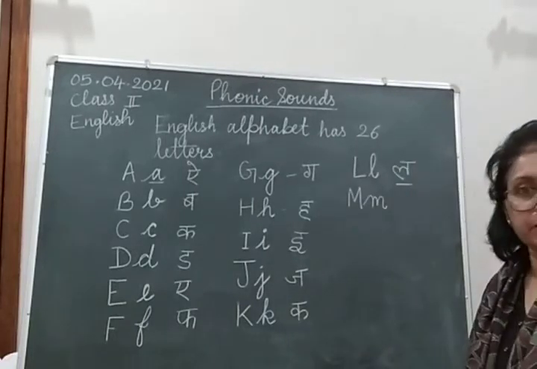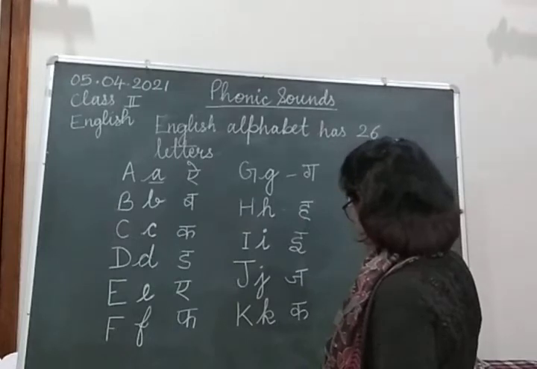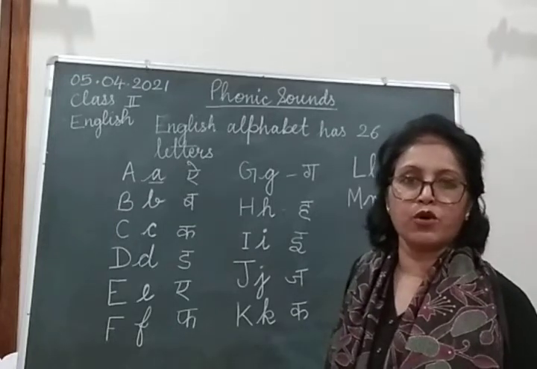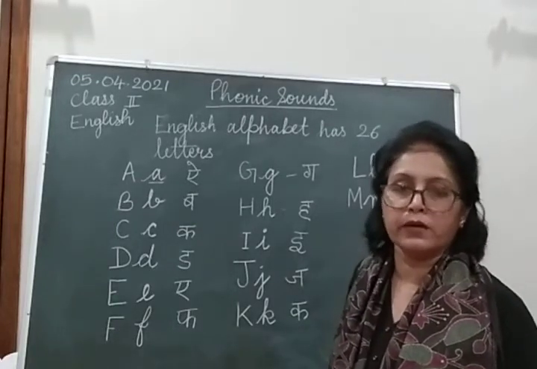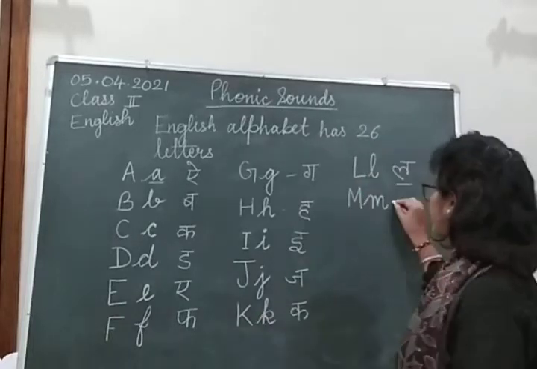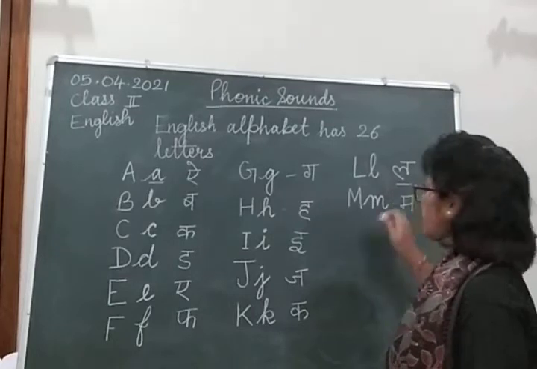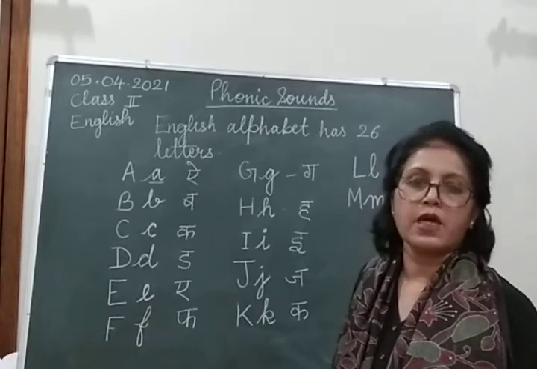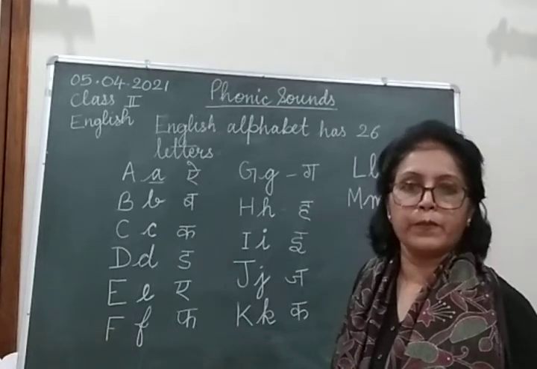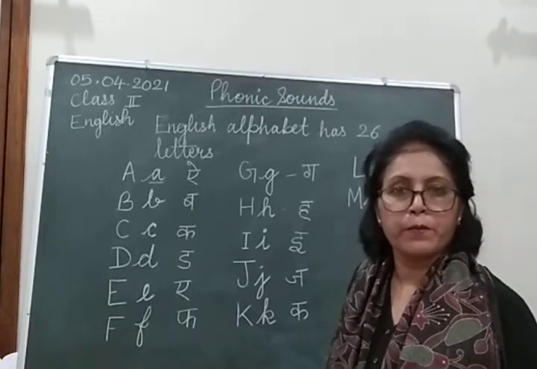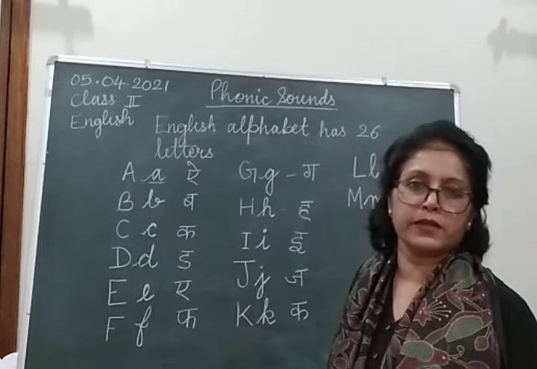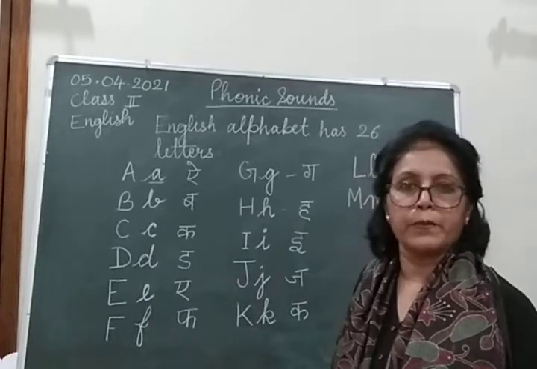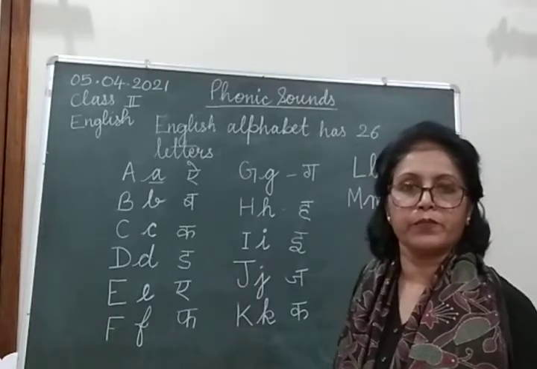This is letter M, cursive M. The sound of this letter is not M, though we explain it by writing it as M, but the sound is M. Say M. Mother. Monkey. Mother. Mango. M.